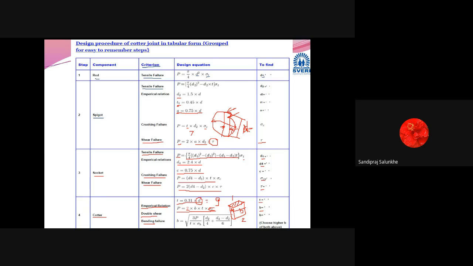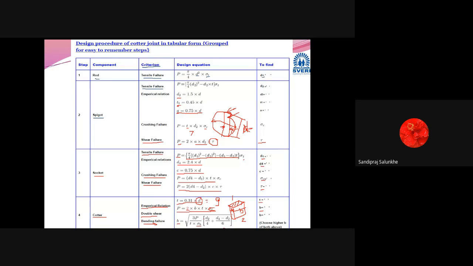Once you have calculated this width, then we are going to check whether that width is able to sustain bending stresses. The value of this bending stress is considered as one of the principal stresses, that is, tensile stress. By means of all these formulas we are going to calculate B, and if this B is less than the B which we have calculated with the other formula, then we consider that it is in the safe region.